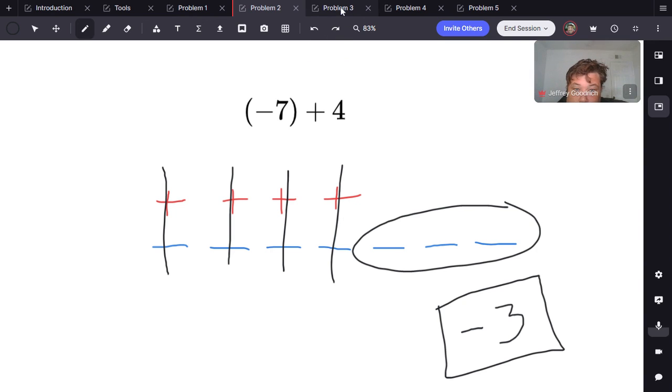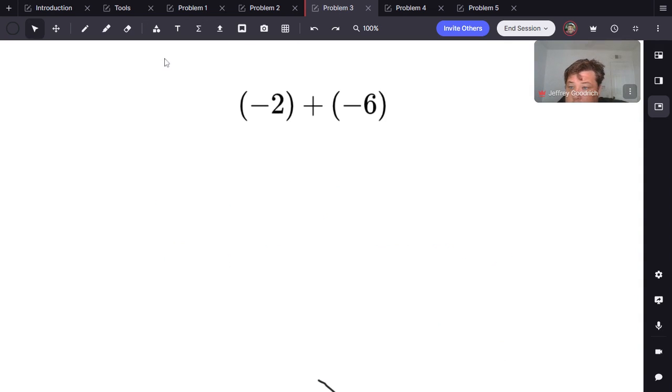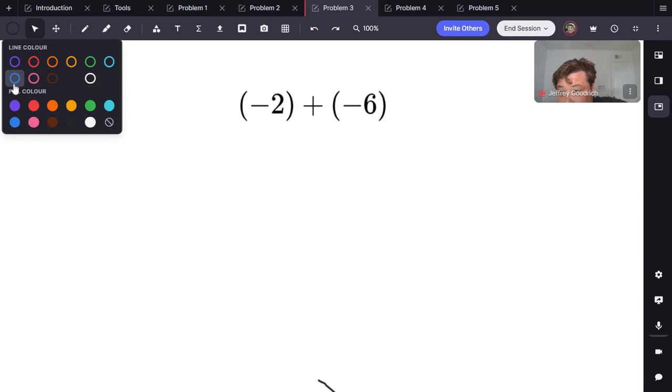All right. So number three. This one's a little different, because we have a negative plus a negative. So essentially, when you're adding two negatives, there's nothing that it's going to cancel out with. Same thing if you add two positives, they're not going to cancel out with each other. So if you just have negatives, we're still going to do the same approach.